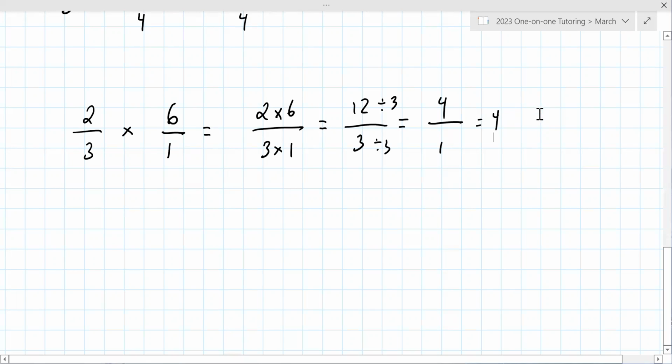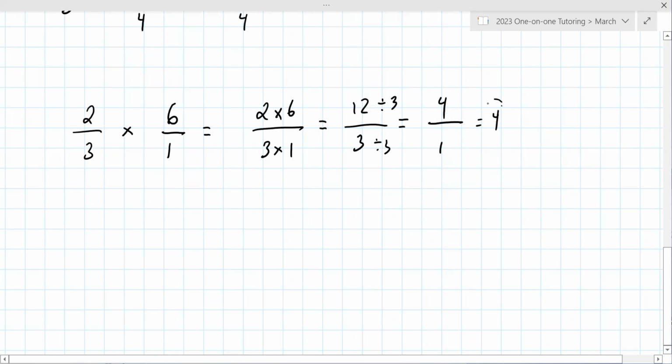Wait, so I have a question about this one. Yes. How did we get the 4 without the fraction? You mean why is 4 divided by 1 4? No, like, wasn't 4 over 1 our final answer, or are we always supposed to put a 4? You never leave it as division by 1.